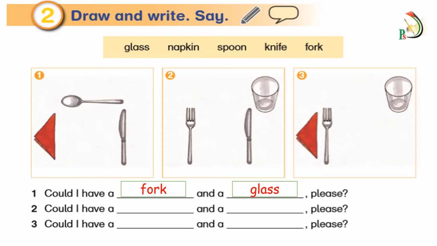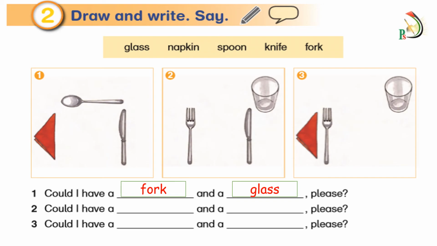And please, in this activity, I want you to draw. Okay? Draw the things that are missing on the table. So on table number 1, you have to draw the fork and the glass. Okay, don't forget. Number 2, could I have a and a, please? Look at table number 2. What can you see?